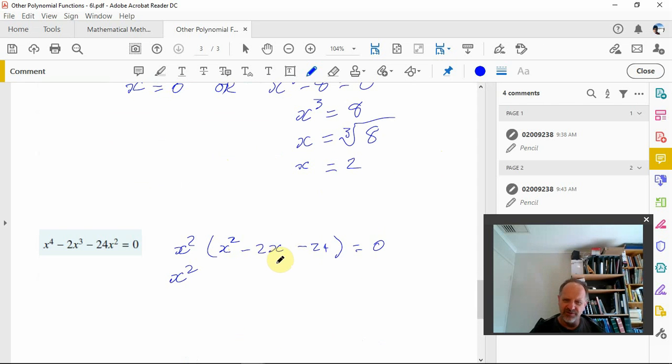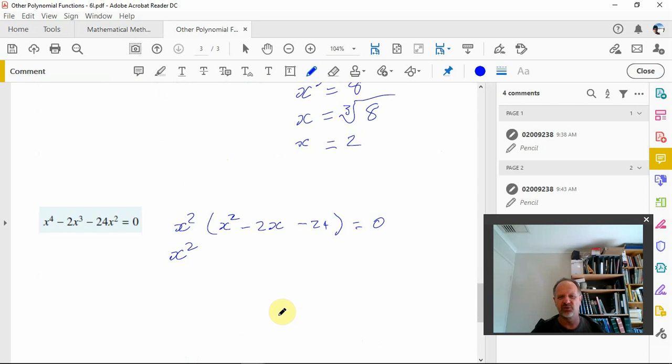But now, because we've got this 2x term, I need to see, can I factorise? Can I have 2 numbers that multiply to give me negative 24 and add to give me negative 2? I reckon negative 6 and 4 would do the job. So we've got (x minus 6)(x plus 4) equals 0.